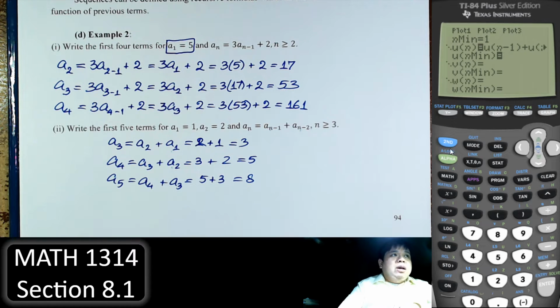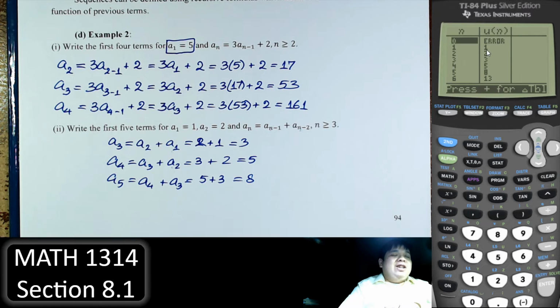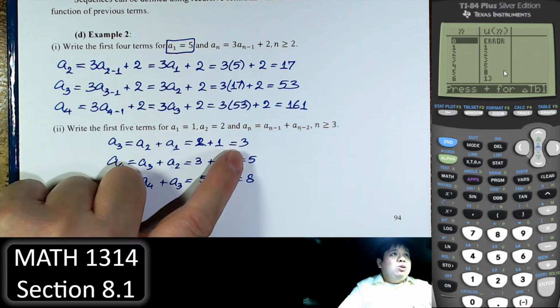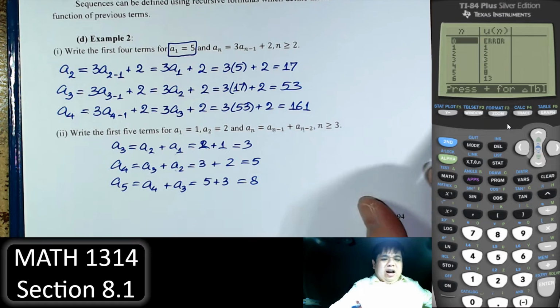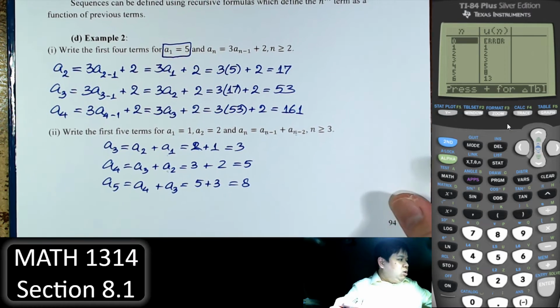Right, the minimum, we have to enter 2 and 1. That looks backward, but again the minimum is 1 and then 2. We have to enter it like that. So we have 1, 2, 3, 5, and 8. Right, for this kind of problem, we just go ahead and do it by hand.